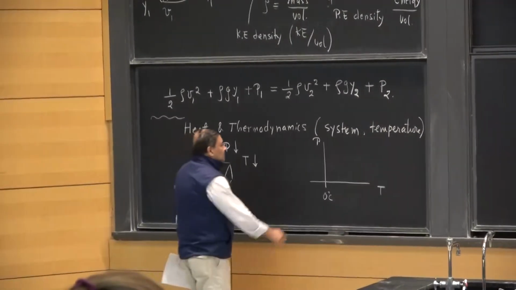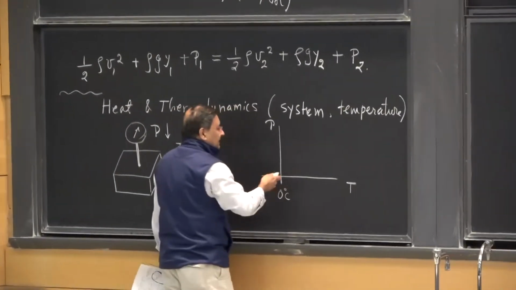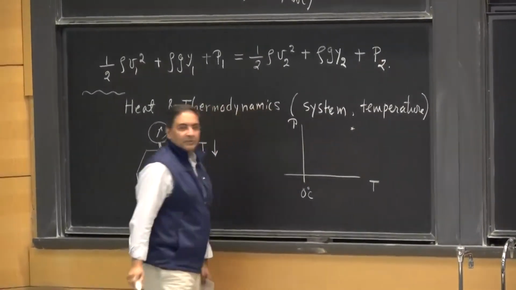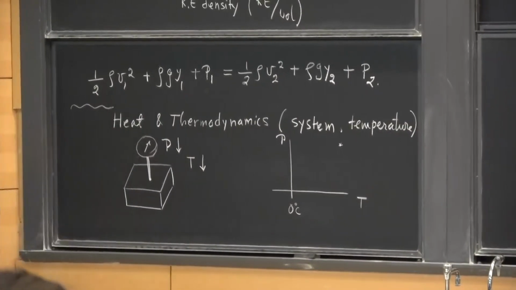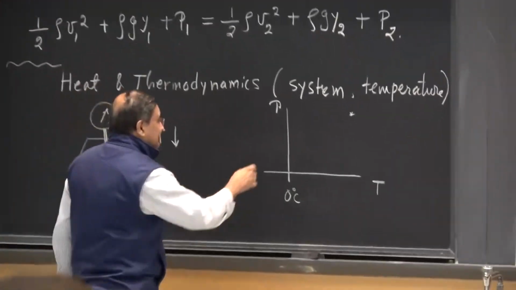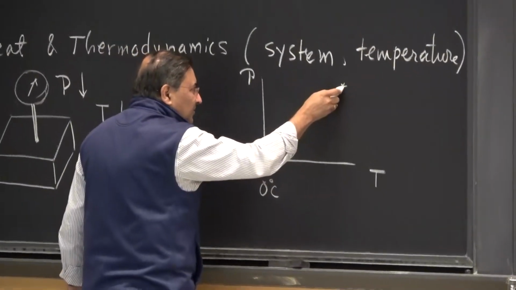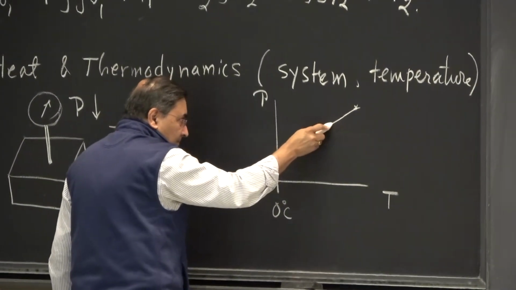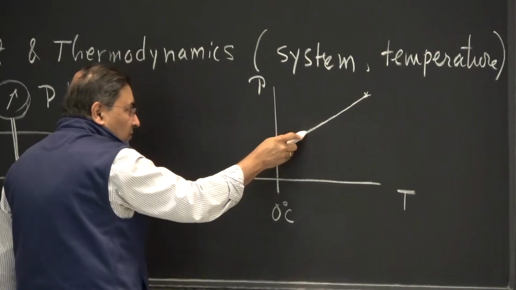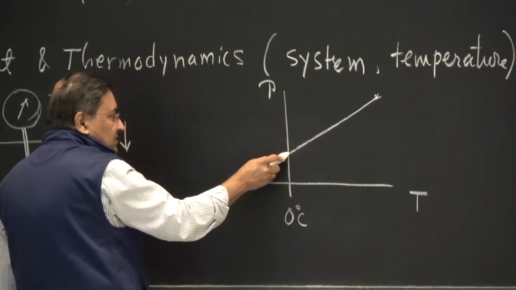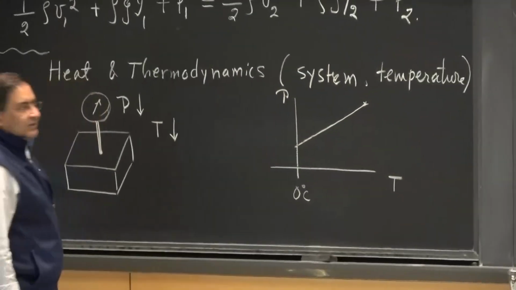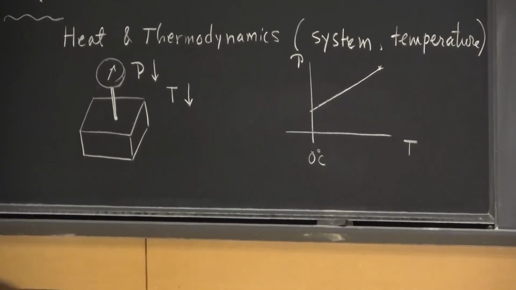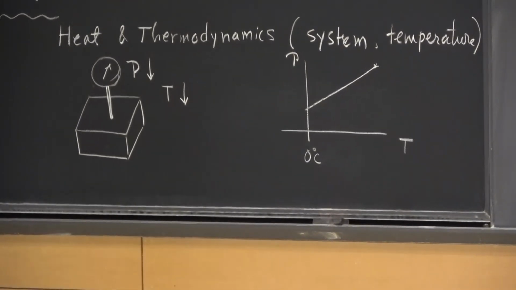So let's say, for argument's sake, that at a certain temperature, my gas has a certain pressure marked by that star. And as I now lower the temperature, this pressure starts to go down. And most gases won't cause any trouble at 0 degrees Celsius. So it turns out that if you actually do the experiment, you will smoothly come down to the 0 degrees Celsius mark.